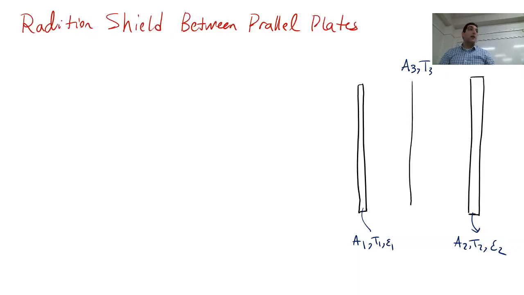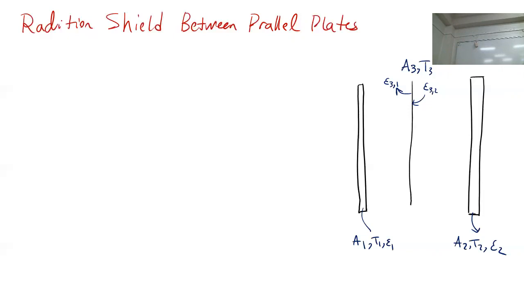But emissivity of the two sides are typically different, or totally different than epsilon 1 and epsilon 2. So you have to know what is the emissivity of this side, epsilon 3,1, and what's the emissivity of this side, which we call epsilon 3,2.